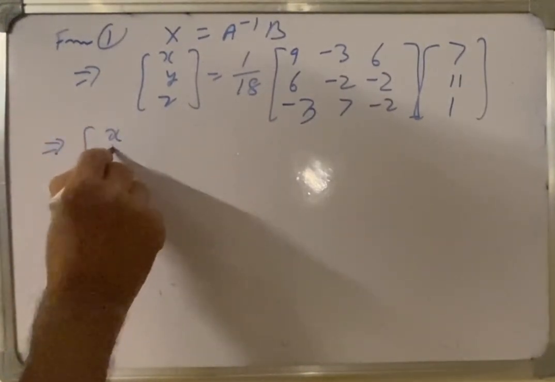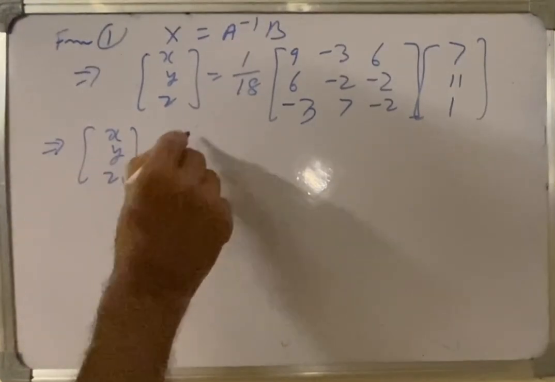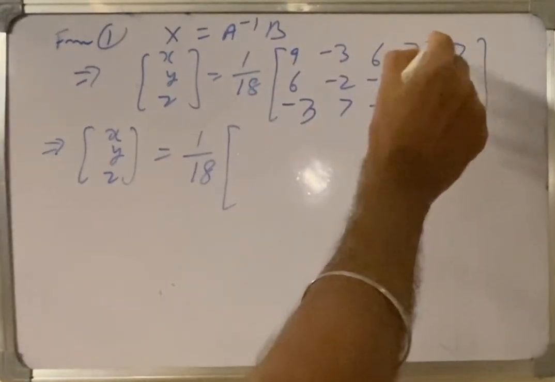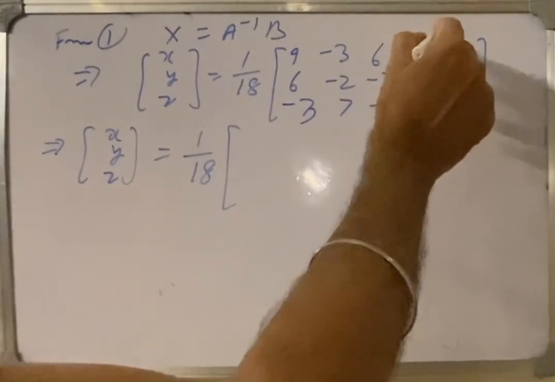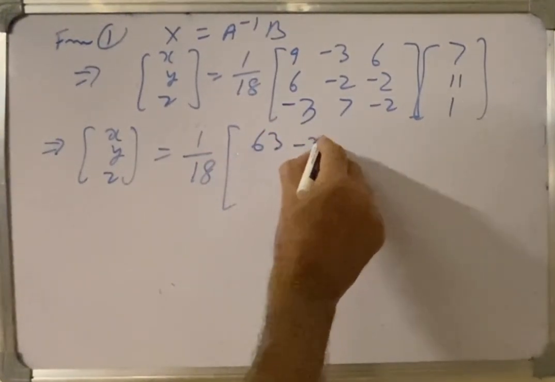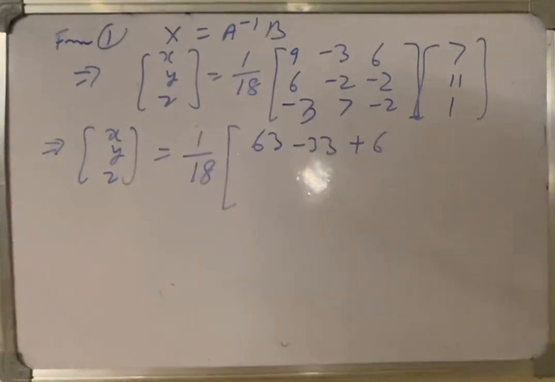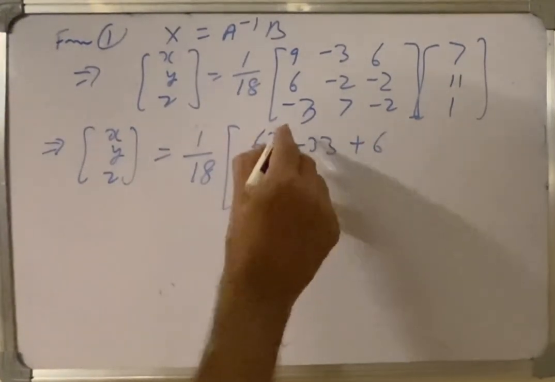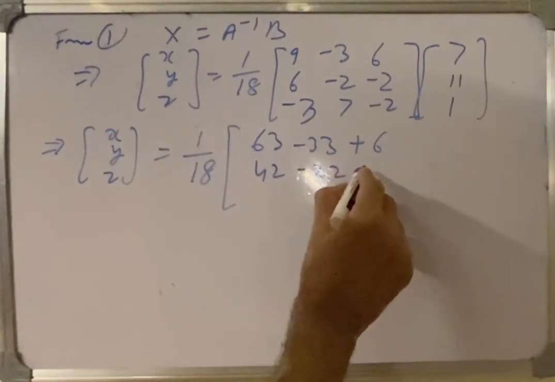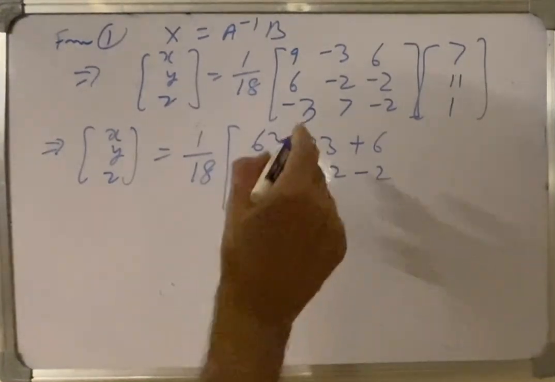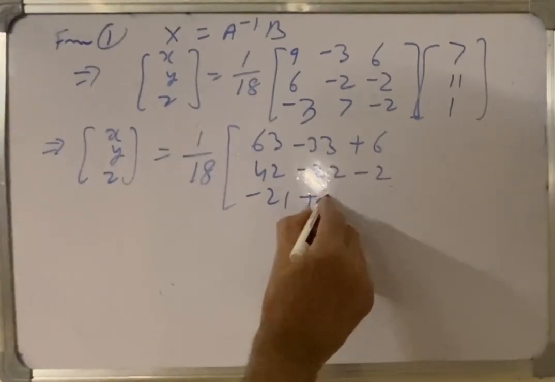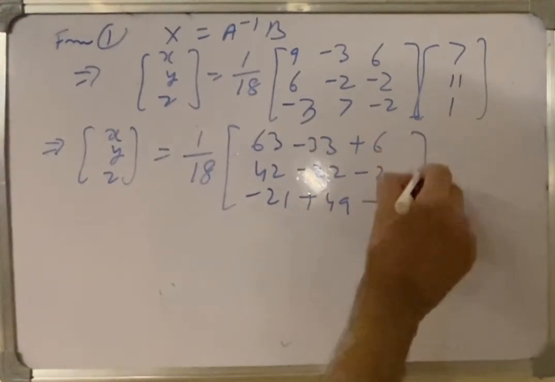Therefore, the x, y, z column matrix is equal to 1 over 18 into, multiplying first row with the column: 63 minus 33 plus 6, then second row with the column: 42 minus 22 minus 2, then third row with the column: minus 21 plus 77 minus 2.